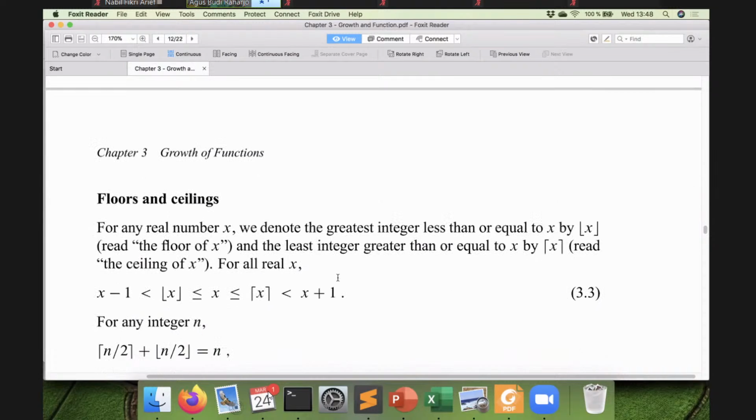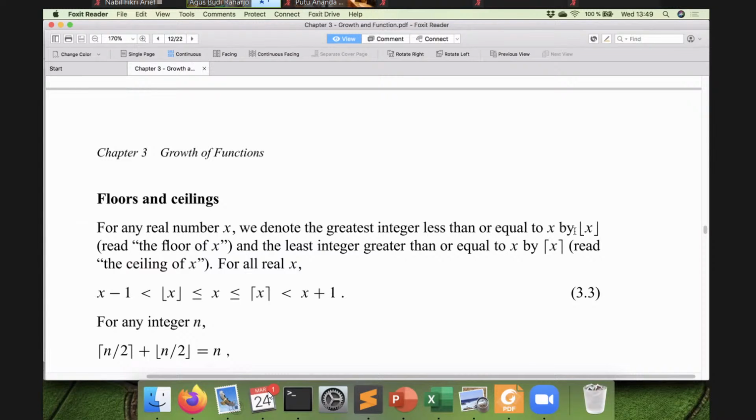Next, we have floor and ceilings. I think it's in senior high school we got this course. Well, for me, it's more than 10 years ago. For any real number x, we denote the greatest integer less than or equal to x by the floor of x, and the least integer greater than or equal to x by the ceiling of x.